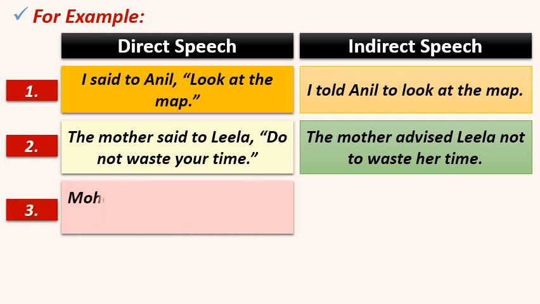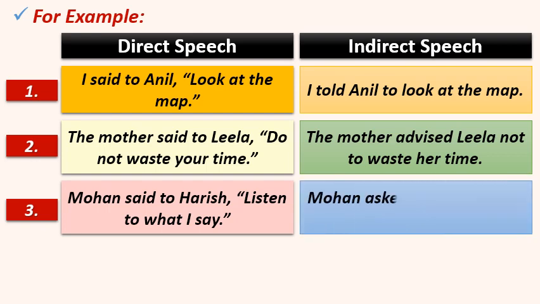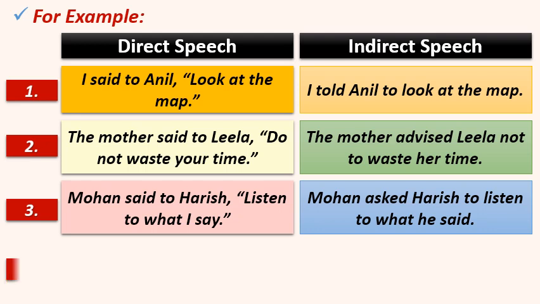Number third sentence is, Mohan said to Harish, listen to what I say. When we convert it into indirect speech, the result will be, Mohan asked Harish to listen to what he said, or Mohan requested Harish to listen to what he said.